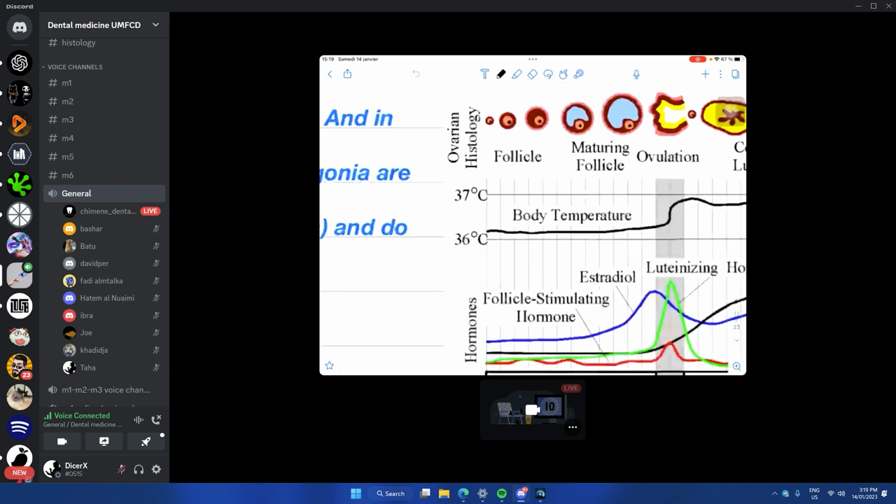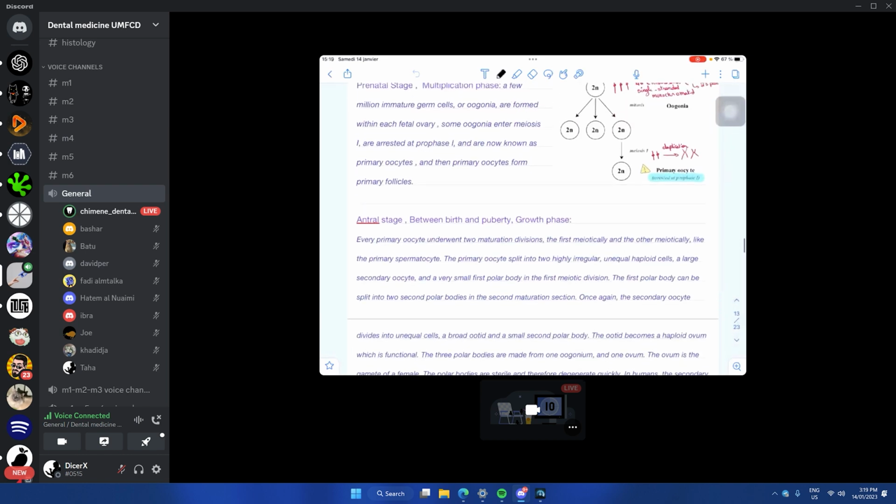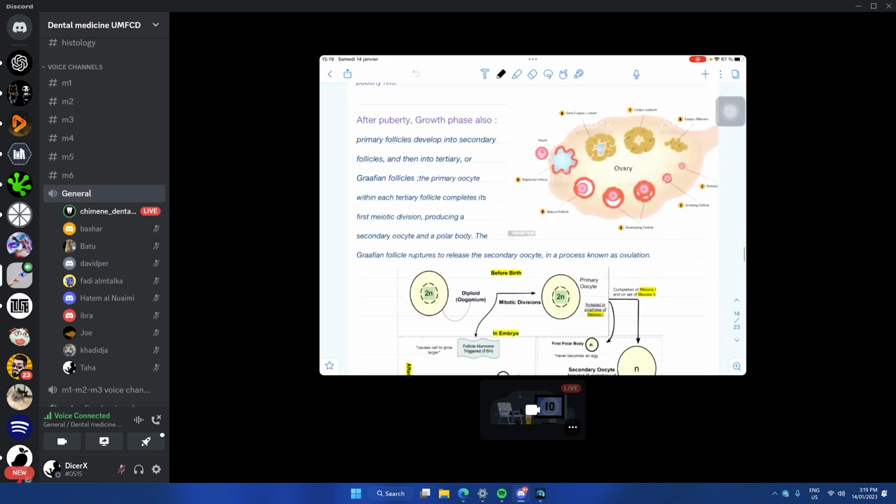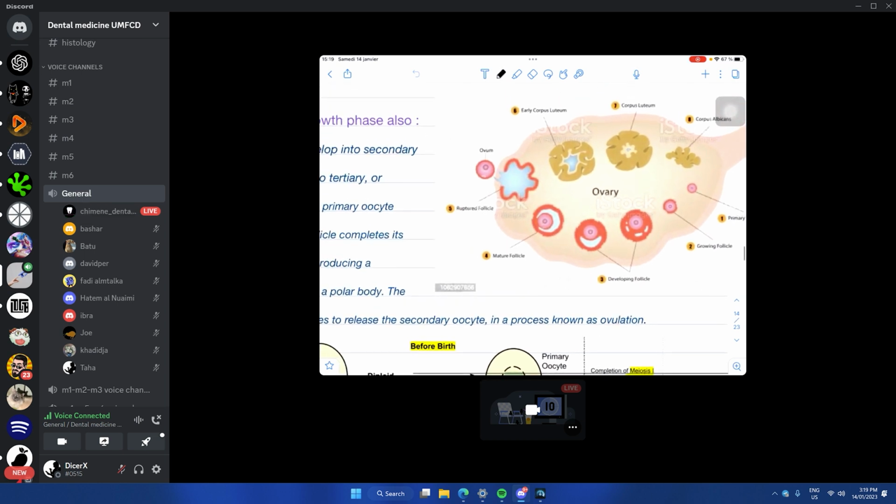Okay. So here you have the primordial or the primary follicle, the secondary one, those are tertiary follicles. This is what I call the mature follicle.